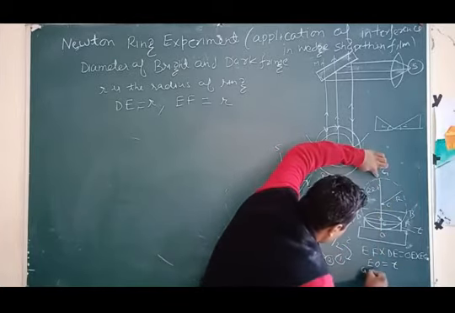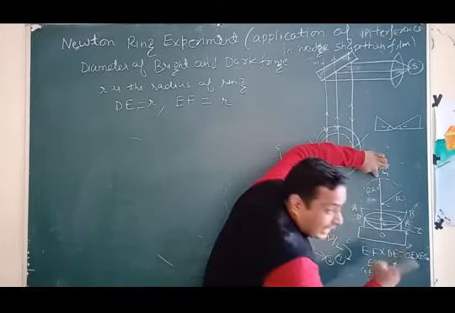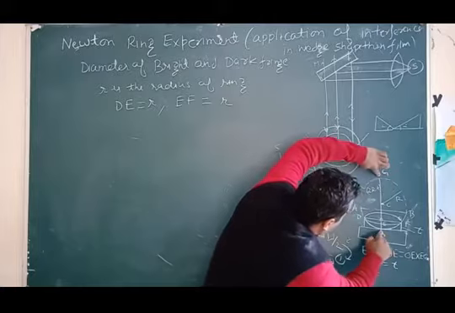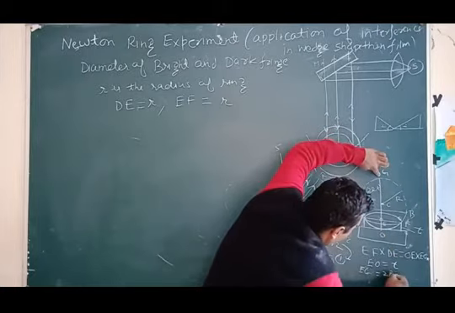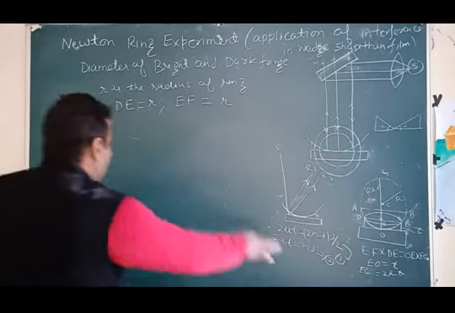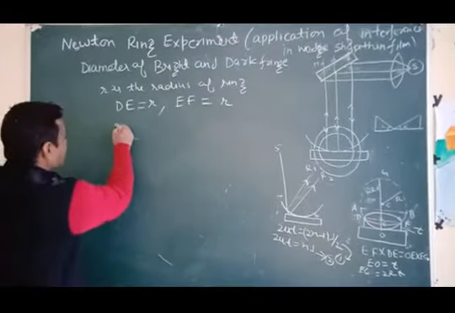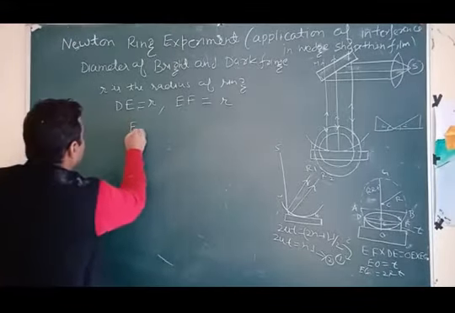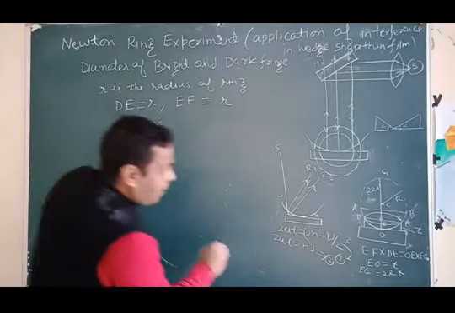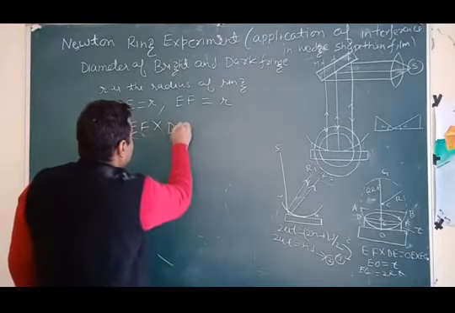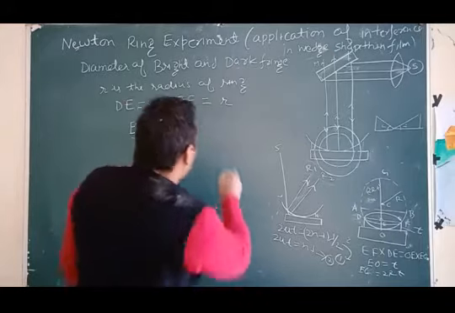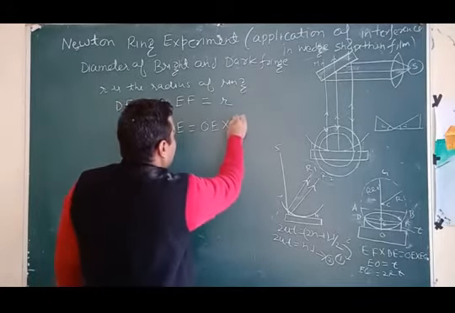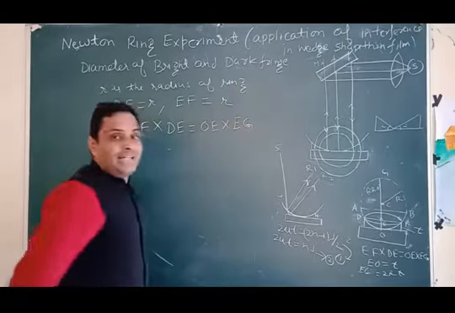GE is basically EG, and EG is equal to 2R minus T. So here EF is R. So the property of the circle is EF multiplied by DE is equal to OE multiplied by EG. That is the property of the circle.